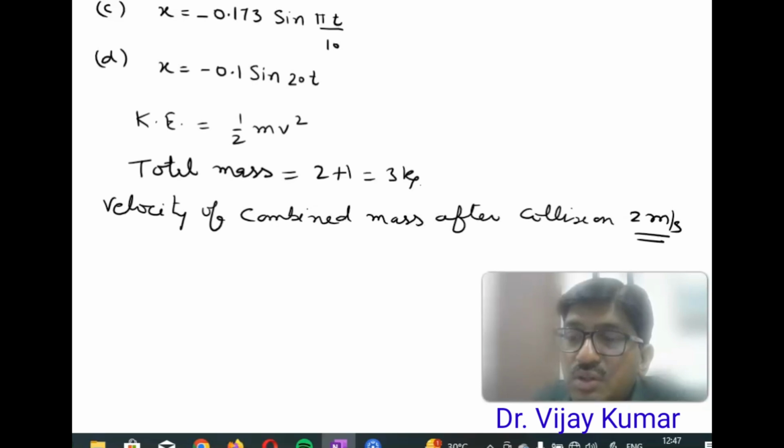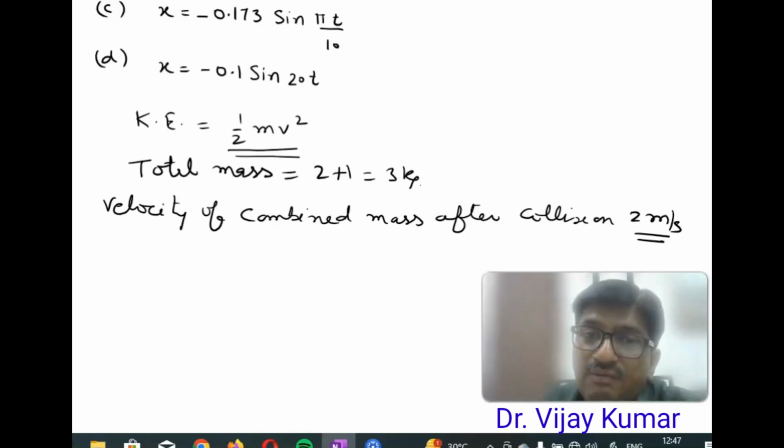It is given in the question, and by conservation of momentum.